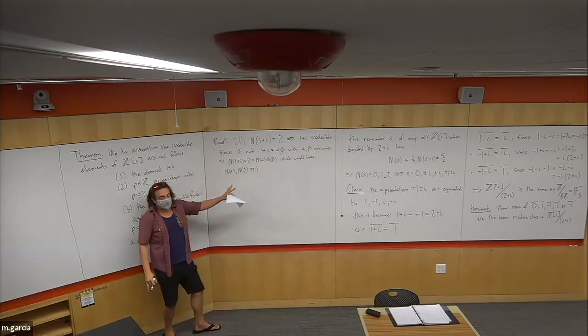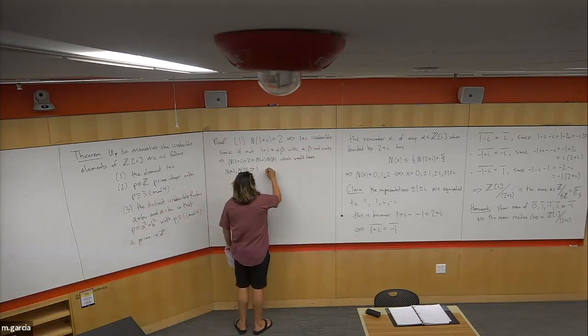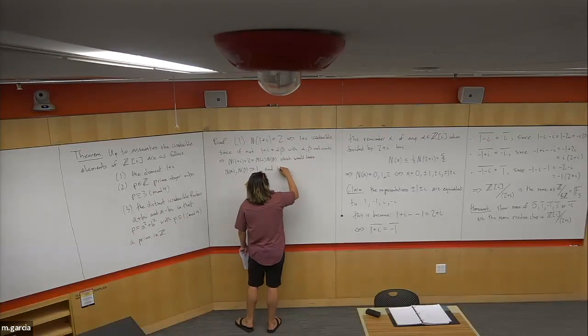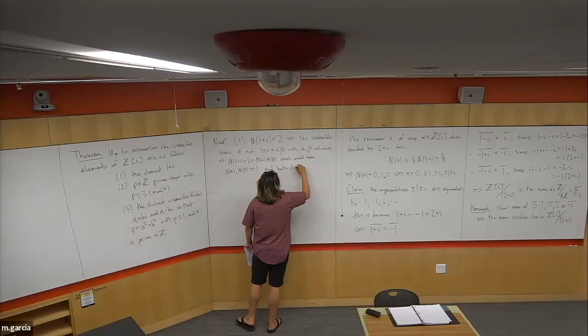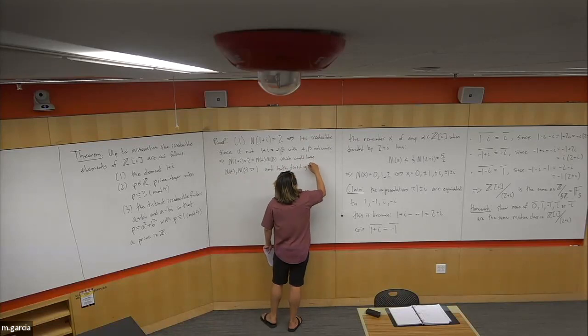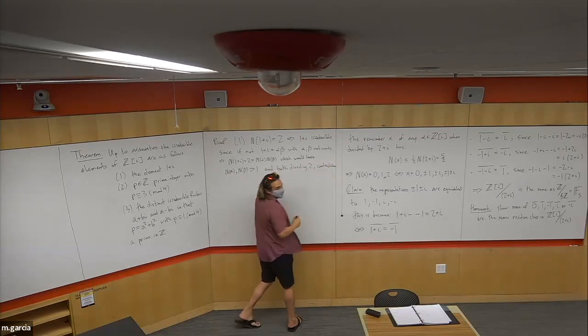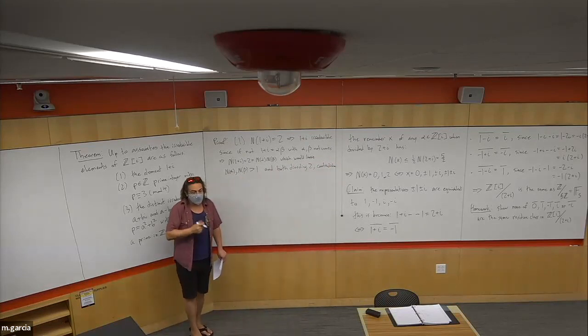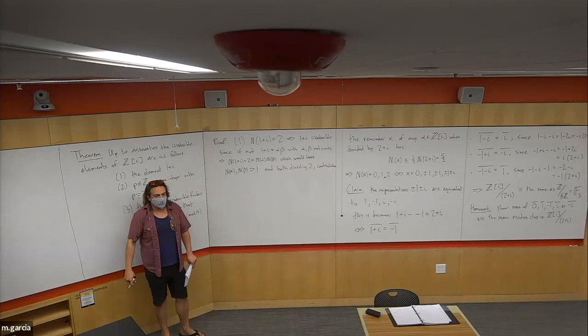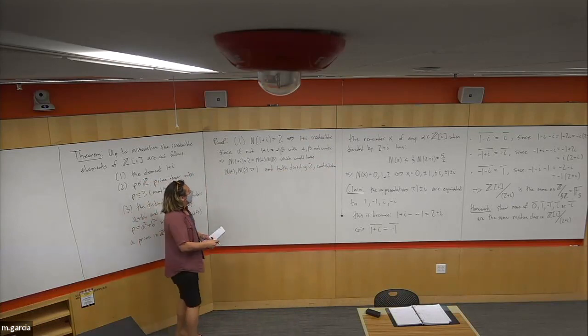We assume they're not units, and both dividing 2. A contradiction, right? There are not 2 factors of 2, neither of which is equal to 1. Okay.